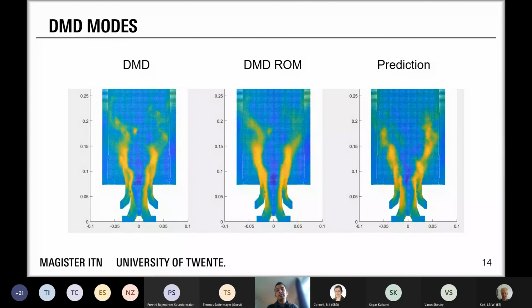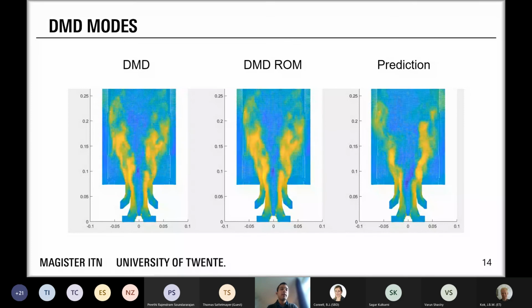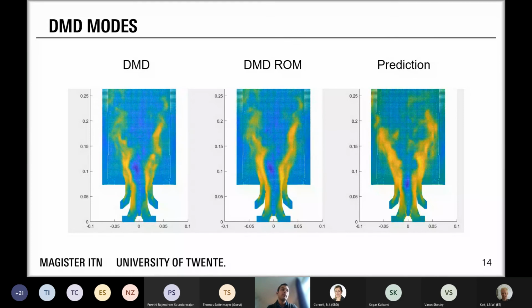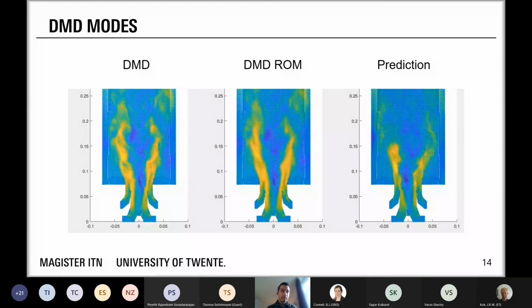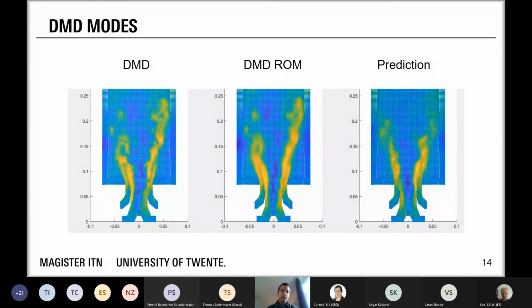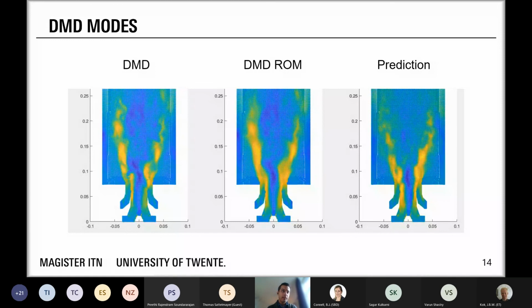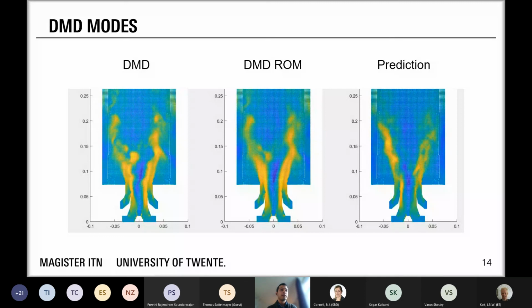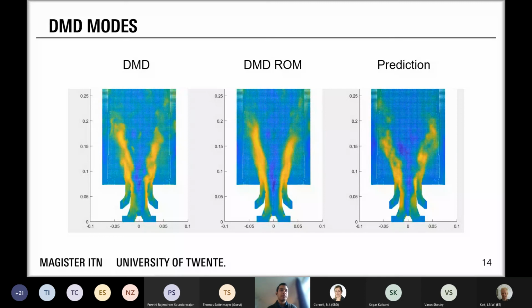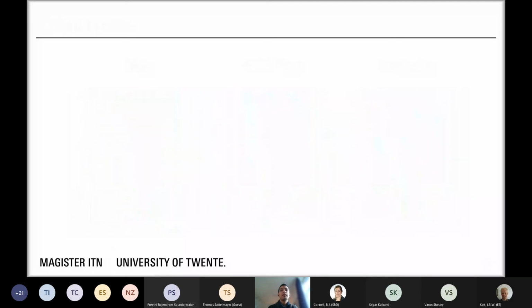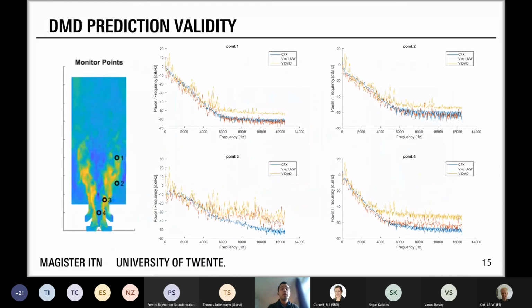But I'm interested in seeing whether this sort of analysis can help ameliorate the fact that we have very expensive simulations, and whether we can sort of highlight an instability in the flow by such methods and looking at the modes in this manner.